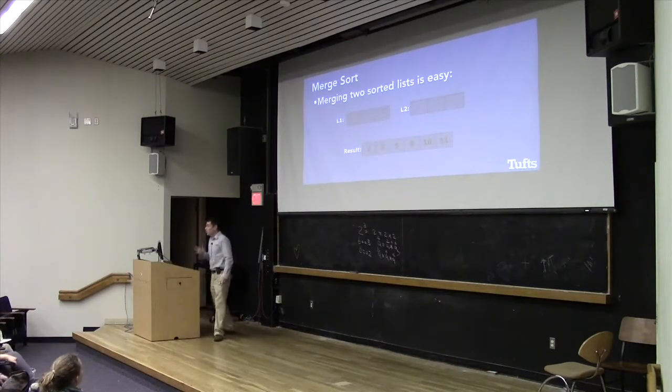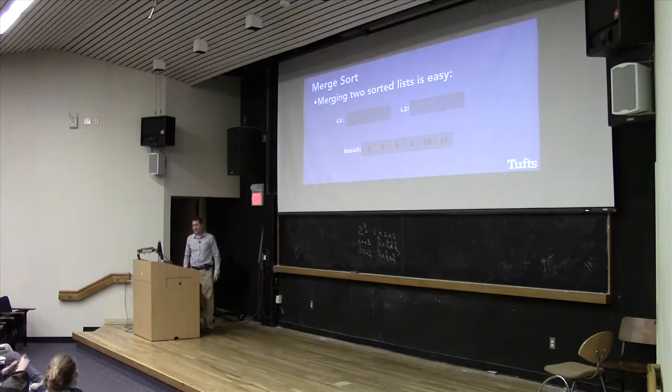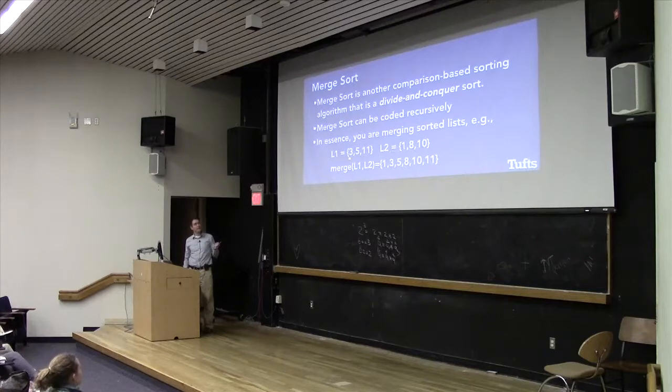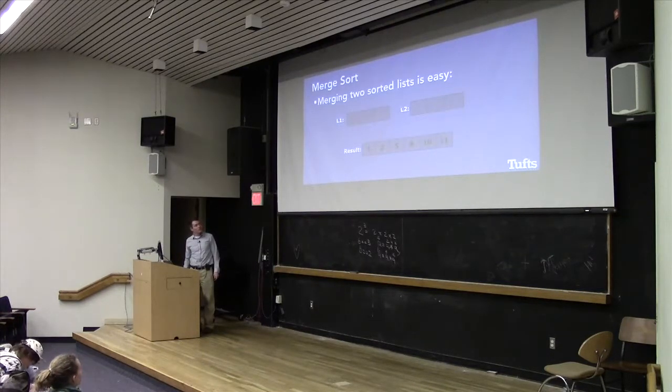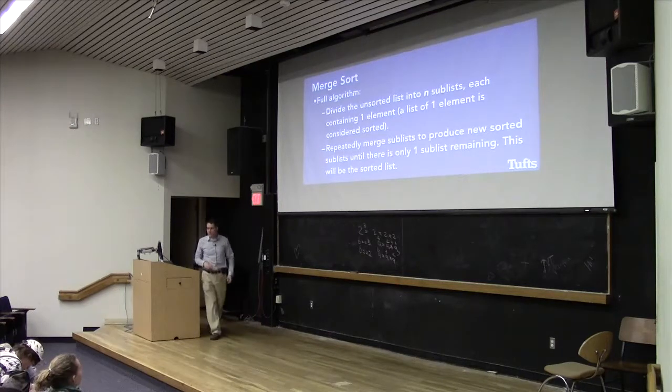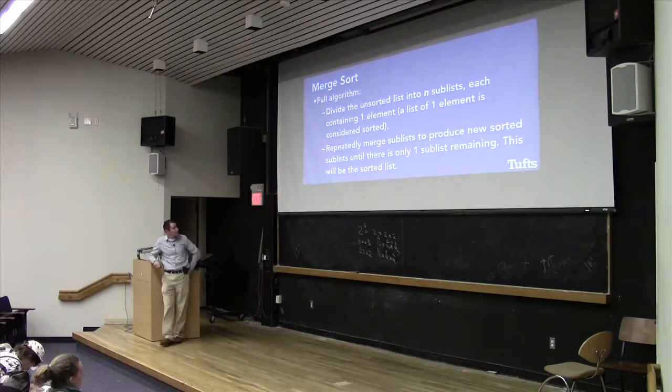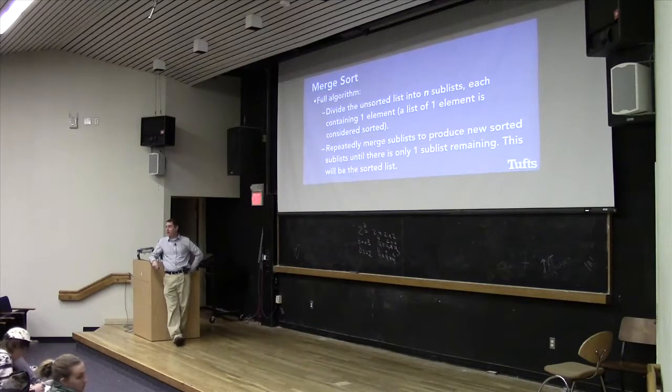So using that idea, let's create a bunch of lists like this out of some random data. OK? All right. Here's the full algorithm for how to do this. OK? First, you divide the unsorted list into n number of sublists that are each one element. One element in a list means it's already sorted.